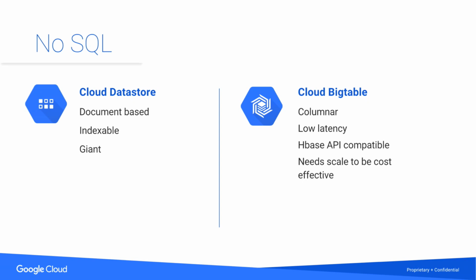That said, if you're looking for larger volumes of data which require extremely low latency, for example, an IoT solution, you'll want to look at something like Bigtable, which uses columnar storage and is HBase API compatible, which allows you low latency in terms of your writes and of your reads.